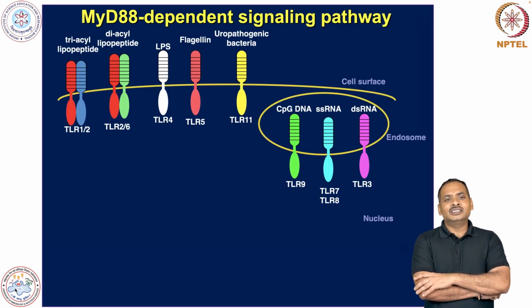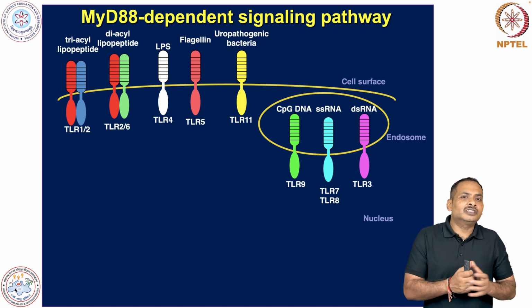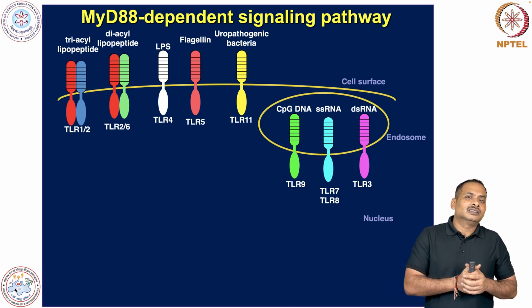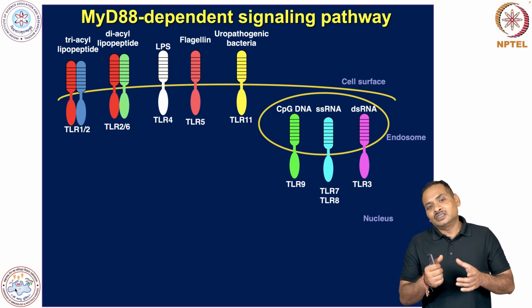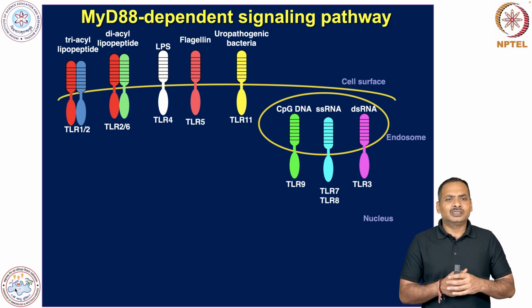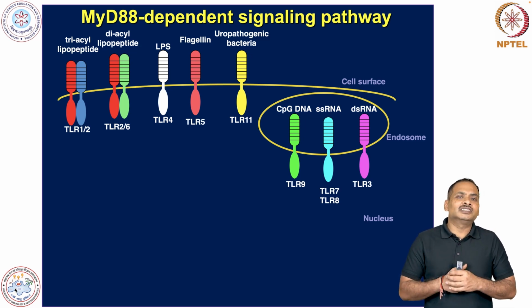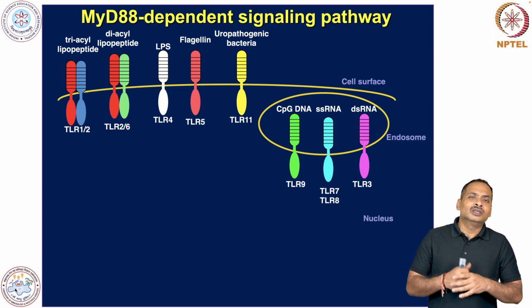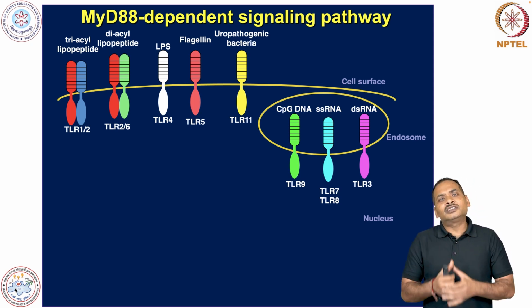Here you can see that TLR1 and 2, and 2 and 6, make a heterodimer, and this heterodimer activates the signaling. The TLRs you see in this image in monomeric form are ideally not monomeric. In cellular conditions they are either dimers or oligomers. I have told you there will be clustering of receptors.